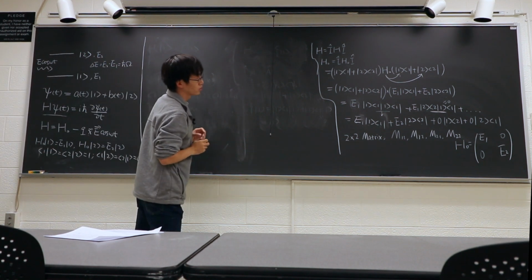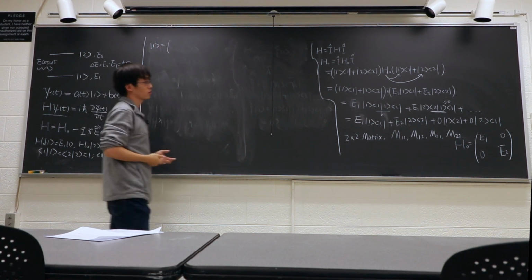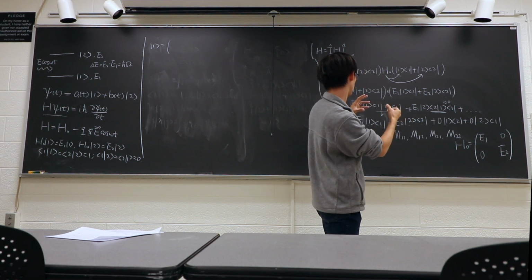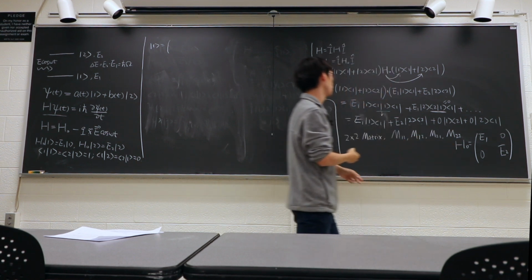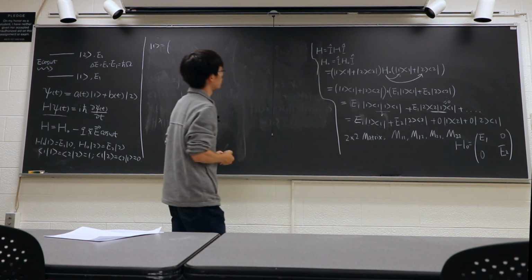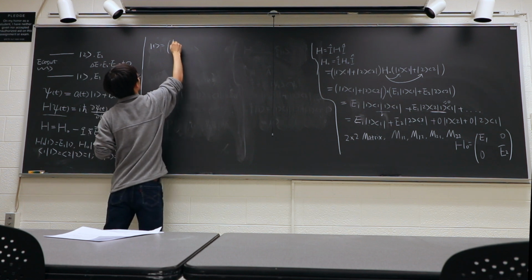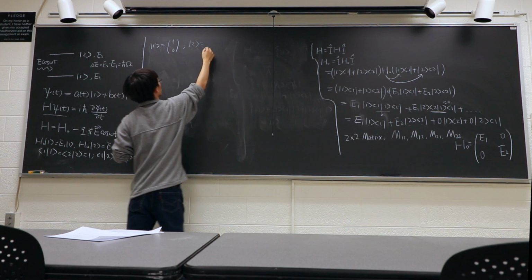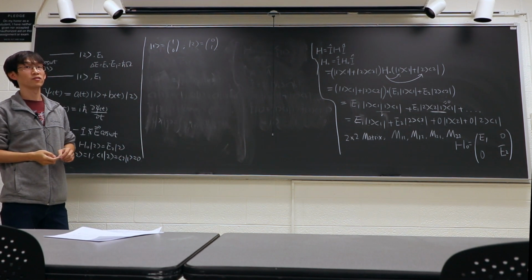I'll just give you the answer. Because the Hamiltonian is a vector multiplied by a vector, which becomes a matrix, and the vector is just a vector, you can actually write it down as this. They are eigenvectors.